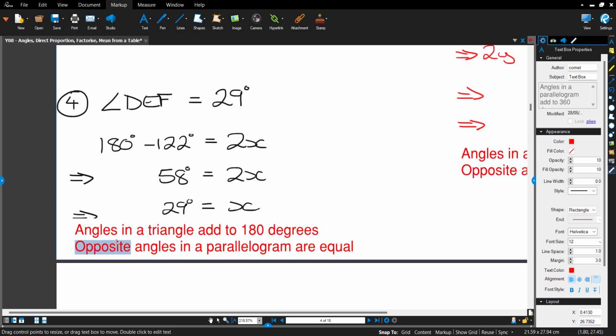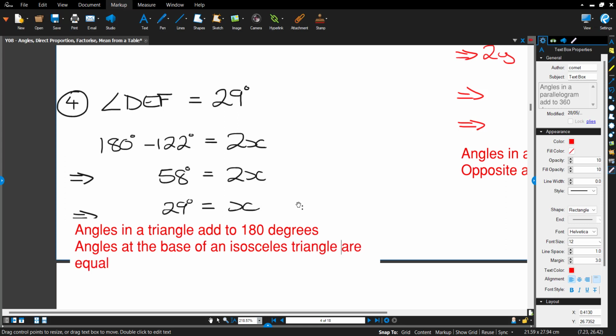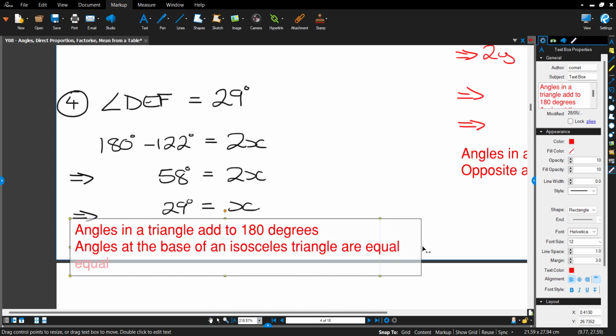And angles at the base of an isosceles triangle are equal. Coolio, and that's it.